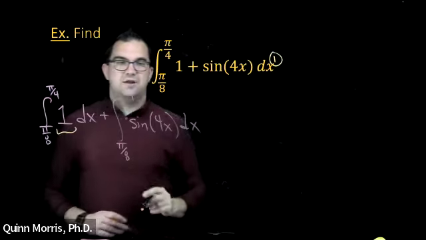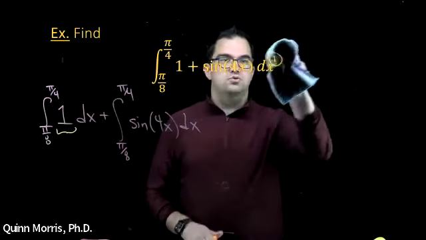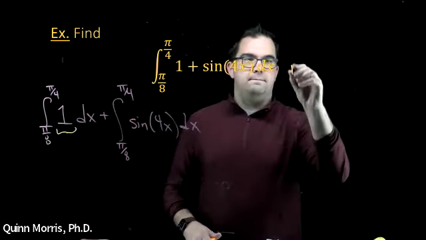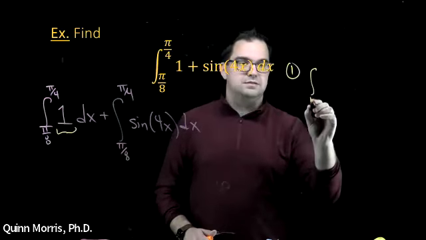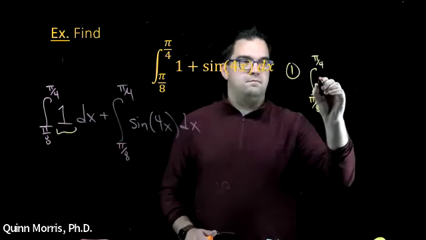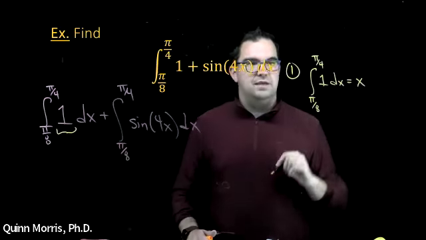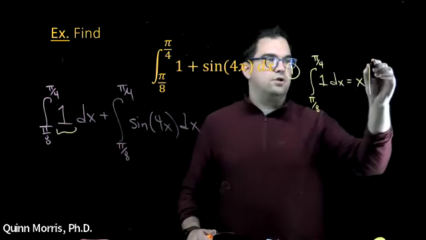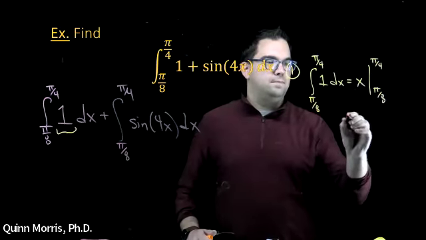If I want to evaluate this integral, the first thing I want to do is find an antiderivative of the function 1. So I want a function whose derivative will just be 1. That sounds to me like the function x. So the antiderivative is just x, and then we're going to evaluate it at pi over 4 and pi over 8.